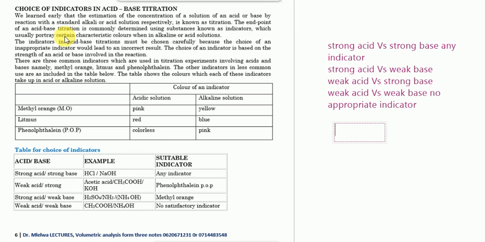The end point of an acid-base titration is commonly determined using substances known as indicators, which usually portray certain colors when in alkaline or acid solution. The indicators in acid-base titration must be chosen carefully because the choice of an inappropriate indicator will lead to incorrect results. The choice of an indicator is based on the strength of an acid or base involved in the reaction.